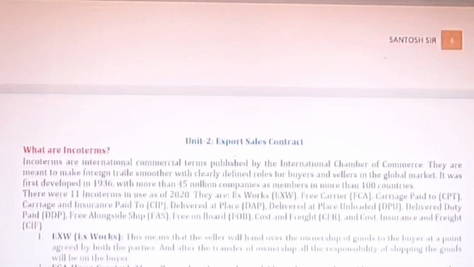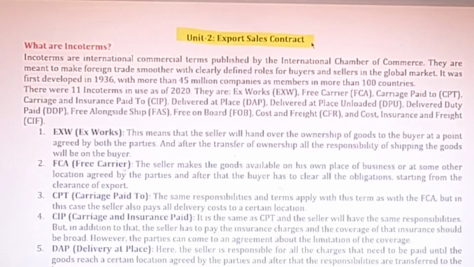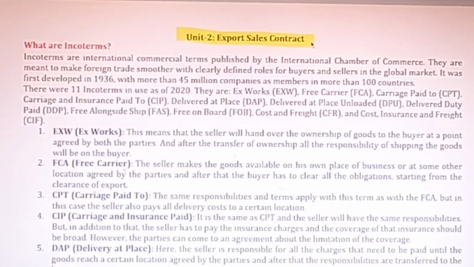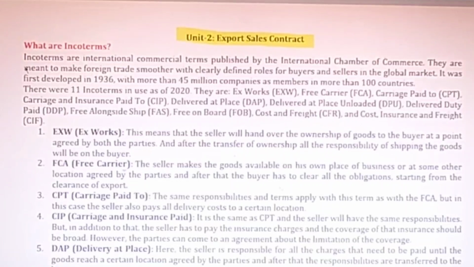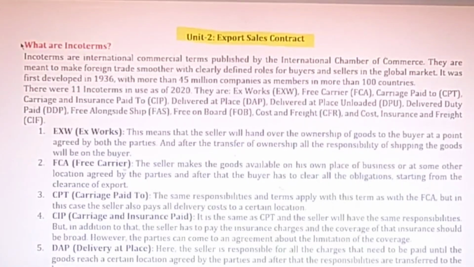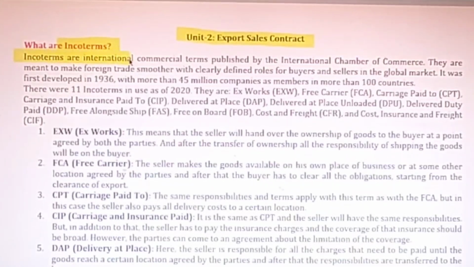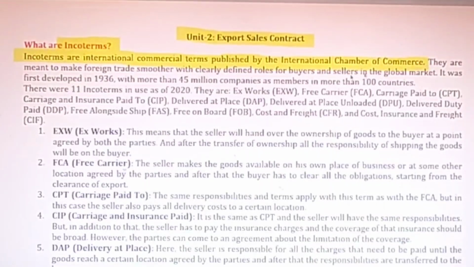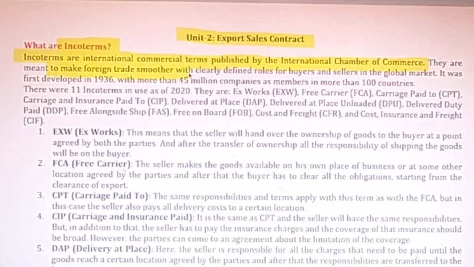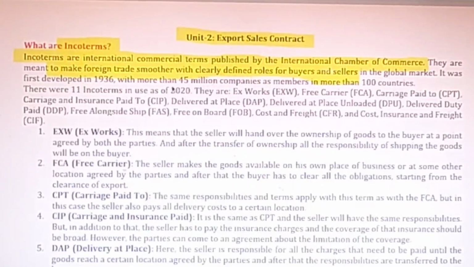Let's move on to Unit 2. Unit 2 is on export sales contract. You got questions from this unit in June 2022, and the beginning of the topic is Incoterms. Incoterms are international commercial terms published by the International Chamber of Commerce, meant to make foreign trade smoother and clearly define the roles of exporters and importers in international trade.